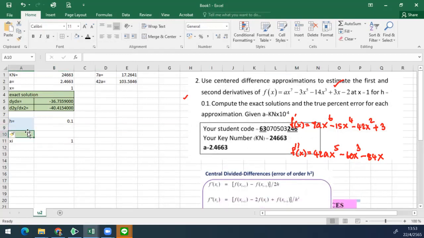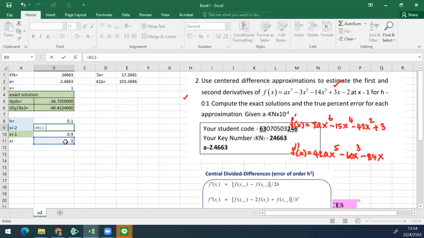And it should be xi minus 1, and it should be xi minus 2. So xi minus 1 is equal to xi minus h, and xi minus 2 is equal to xi minus 2h.